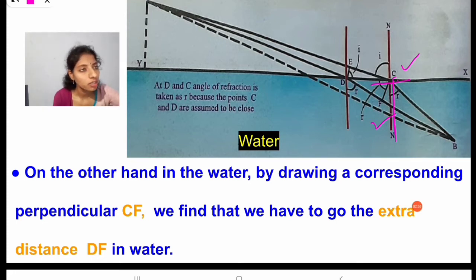You can see here the distance DF is the extra distance in the water. So on land, the distance DE is shorter, and we have to travel the extra distance EC. Inside the water, we have to travel the extra distance DF.